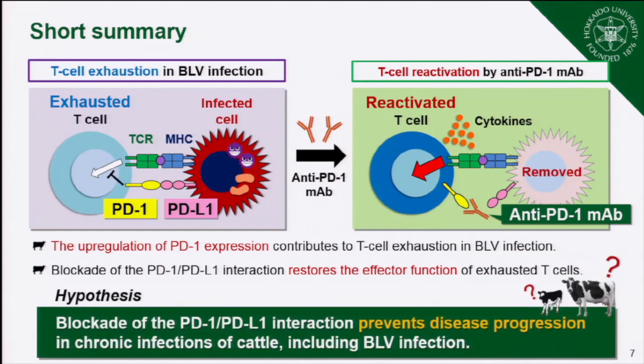So then we got a new hypothesis, that is, the blockade of those pathways using anti-PD-1 antibodies prevents disease progression in chronic infection of cattle, basically BLV infection.